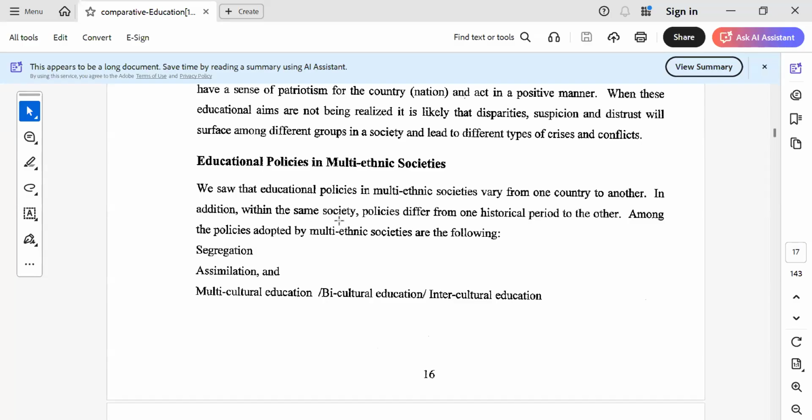So here, among the policies adopted by multi-ethnic societies from the historical period onward are the following: segregation, assimilation, multicultural education, bicultural education, and intercultural education, right? In our campus BEd, we have multicultural education as a subject.